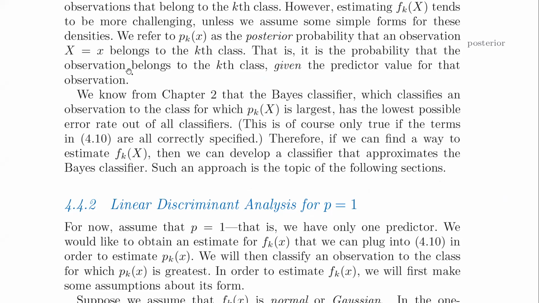And this is what we want the model to give us, right? The probability that the observation belongs to the kth class given the predictor value for that observation.